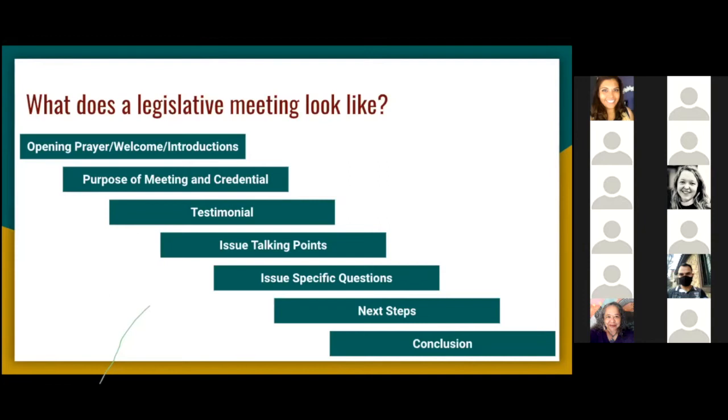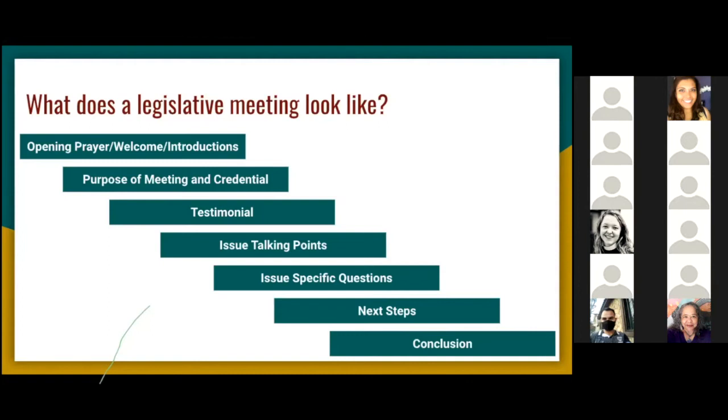And what is the space that you create in your meeting for them to share part of their story and their self-interest and talk a little bit about why they're in the room and why the issue is important to them? Next, if you have talking points, let's say you're meeting with a legislator around a specific bill or issue, you'll want to make sure that you communicate those talking points to the elected official or their staff.